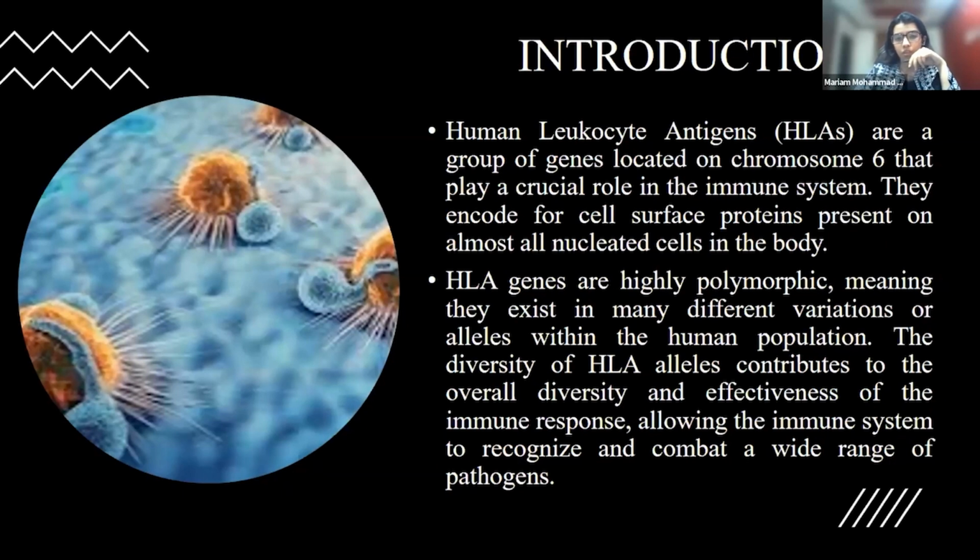And if we talk further about class 2 MHC molecules, they are usually presented on professional antigen presenting cells, and they consist of two polypeptides, alpha and beta chains. Both polypeptide chains are encoded by genes in the HLA-DP, DQ, or DR region on chromosome 6.